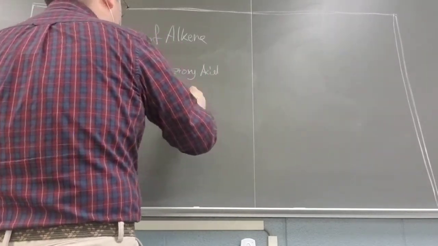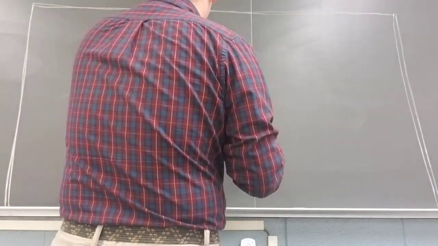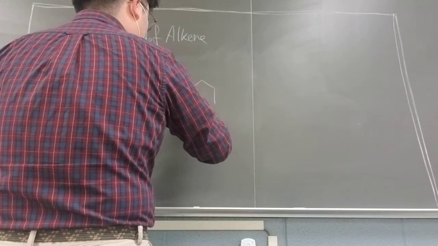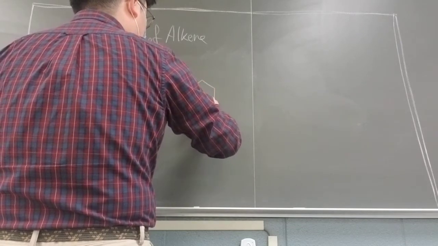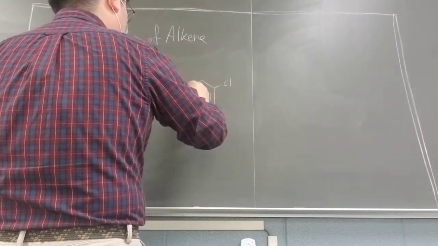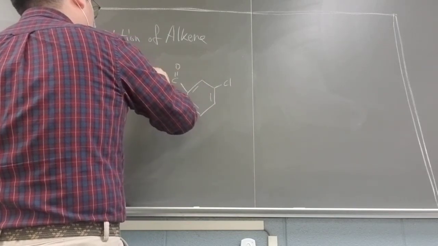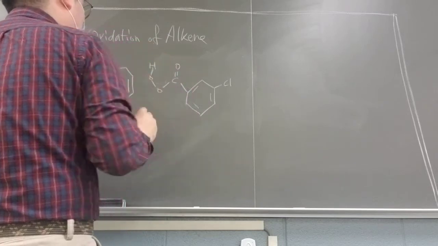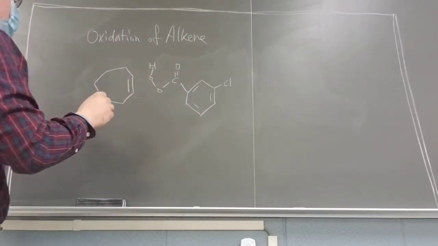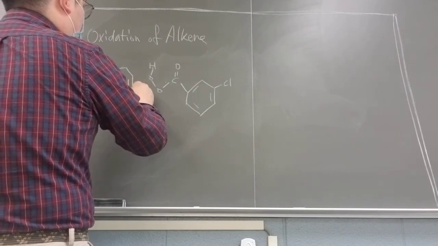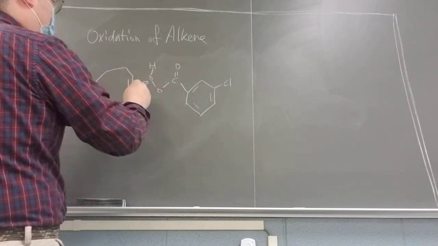So a good example will be this one, actually. I'll show you the structure. So it looks like this. Okay. And then what they're gonna do is they're gonna grab this one over here.